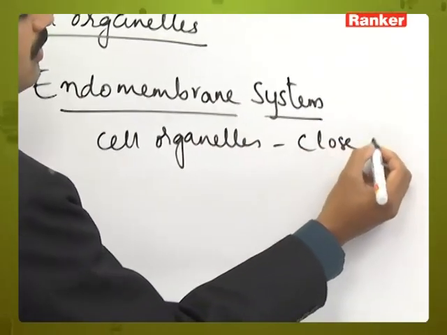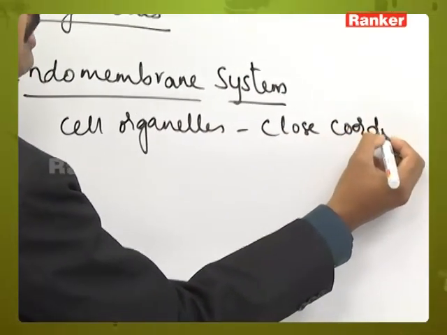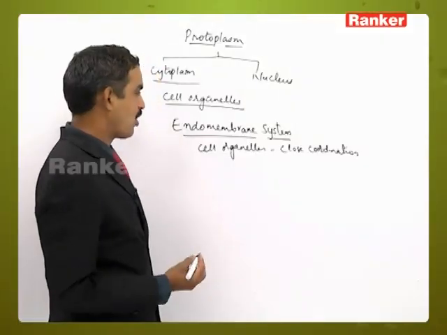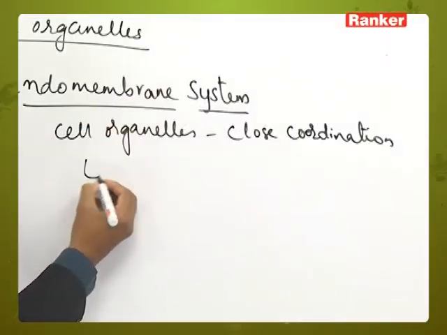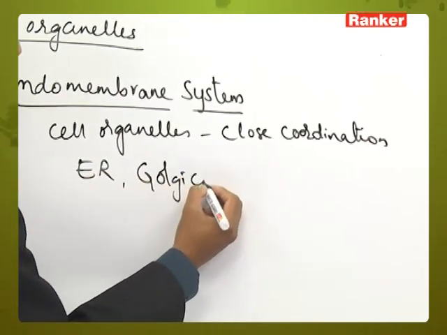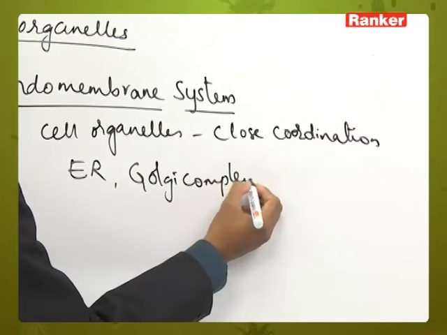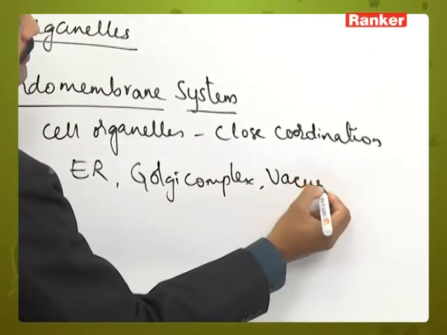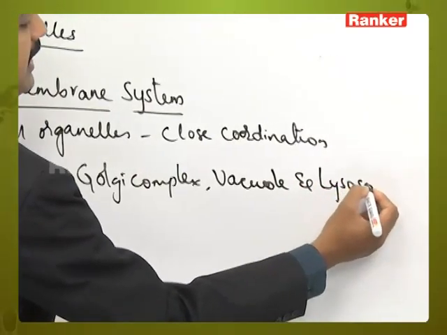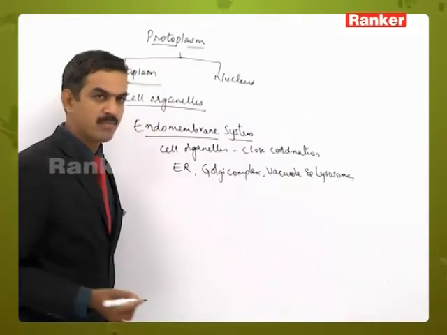Such structures are combinedly called the endomembrane system, which includes endoplasmic reticulum, Golgi complex, vacuole and lysosomes. These four are combinedly called the endomembrane system.